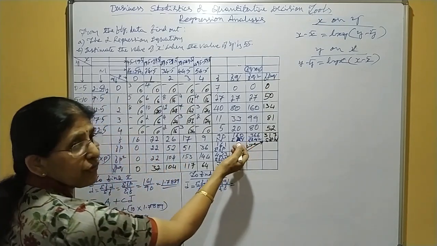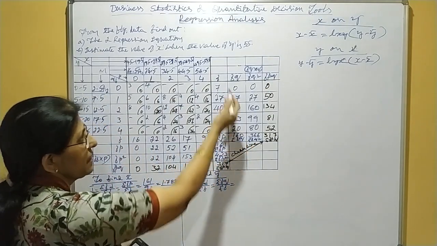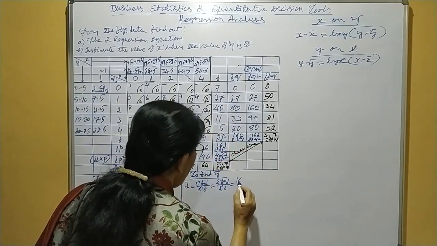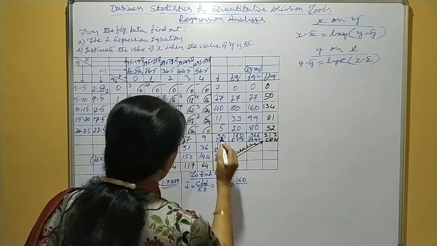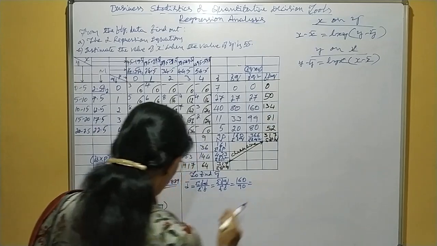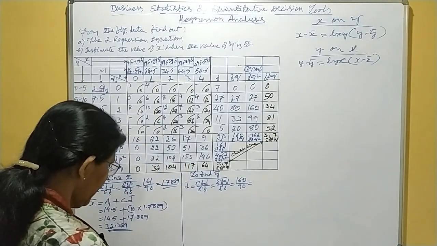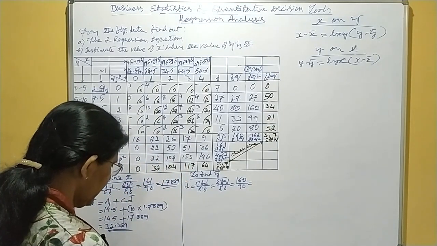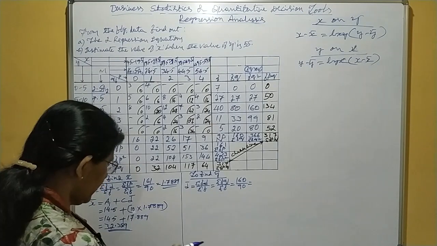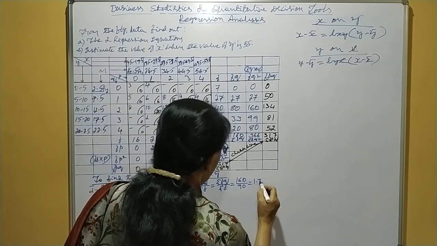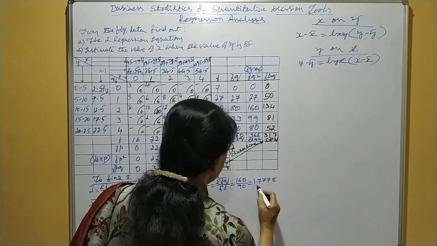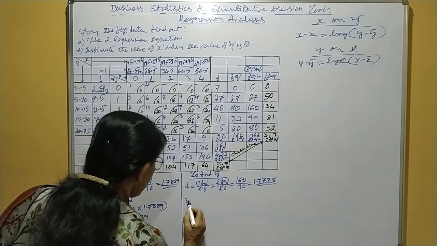Now sigma fq is already here in the table, that is 160 divided by 90. Now 160 divided by 90, it is 1.7778. Okay.